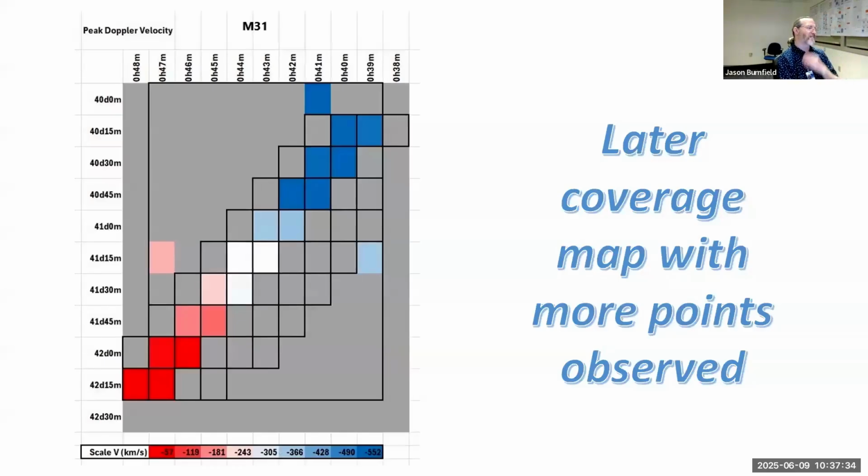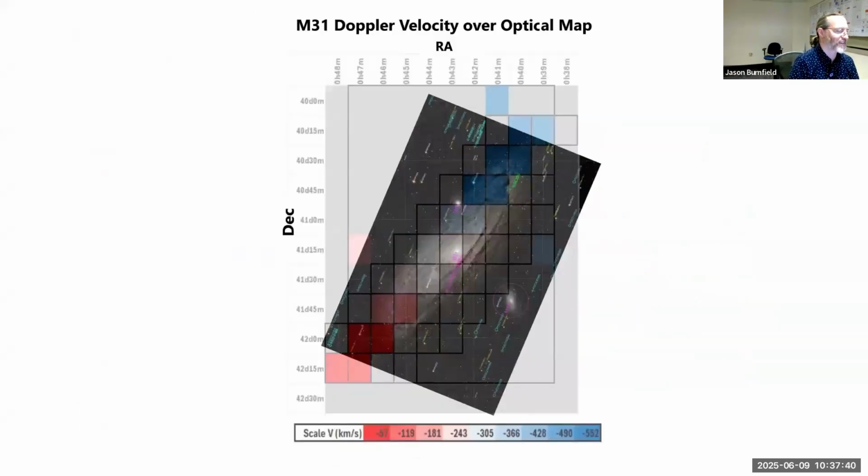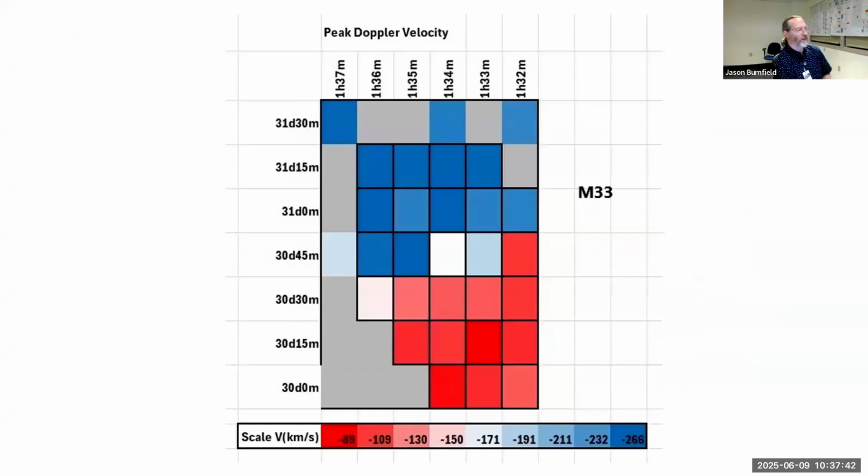And then we started filling in more points, and this was really exciting when we started seeing this. And then I said, okay, let's do the same thing with M33. And this was the early result. I just thought it looked amazing.